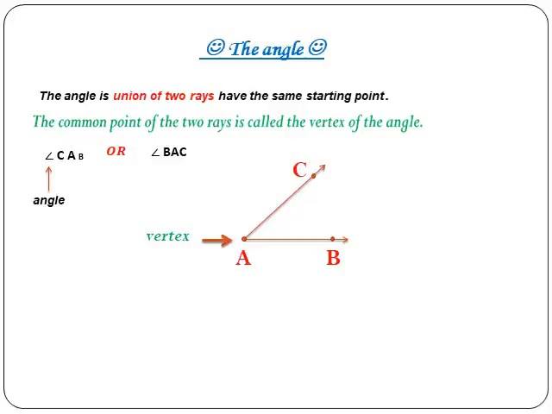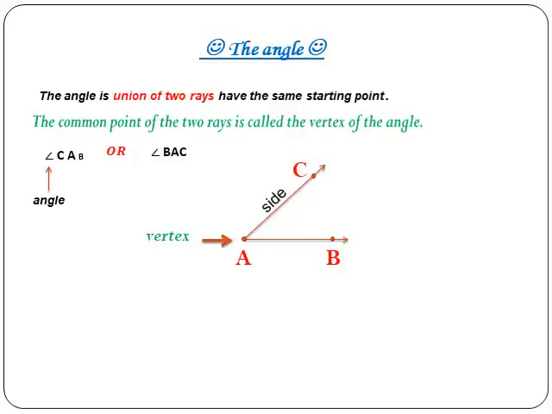Correct or incorrect? I can't say that. If I start from C, I go to A and B. So C, A, B, or B, A, C. That's correct. Starting from B, A, C or C, A, B, both ways are correct.